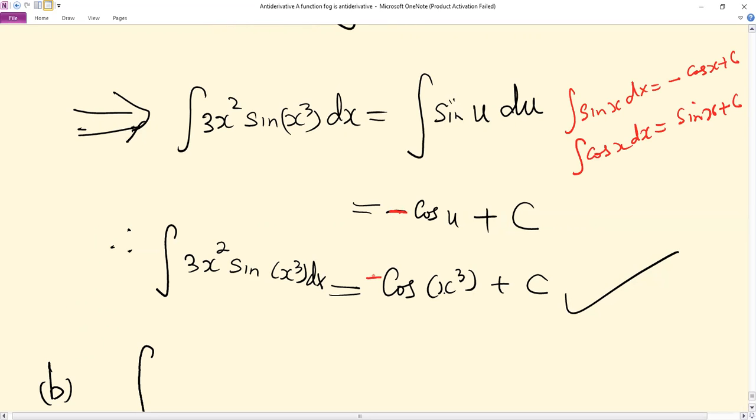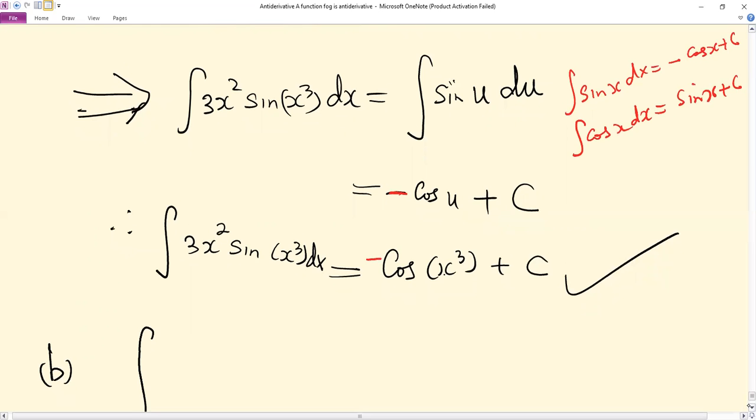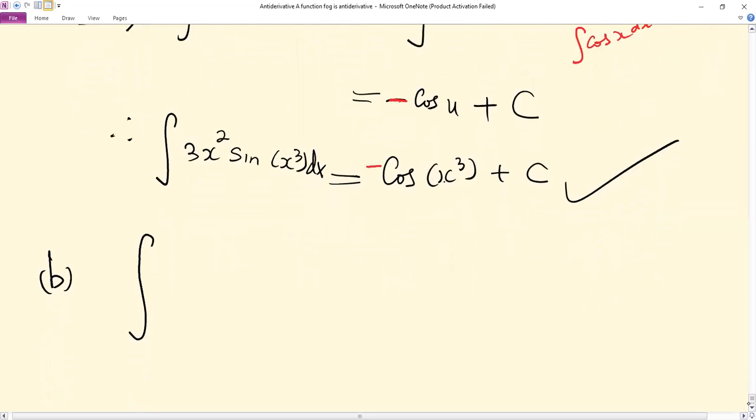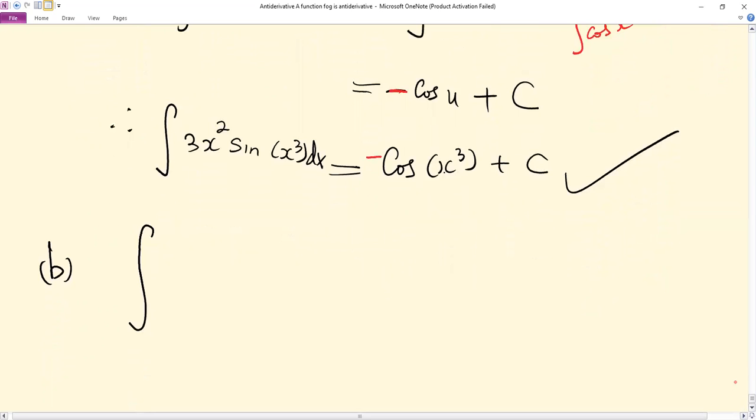And then the next problem, the integral of x into brackets x squared plus 9 power 5 dx. So in this second problem, we see that what is inside the bracket, if we differentiate it, we get an x.